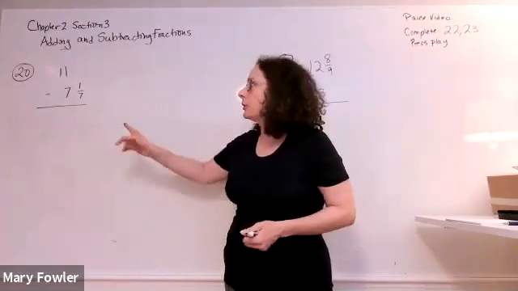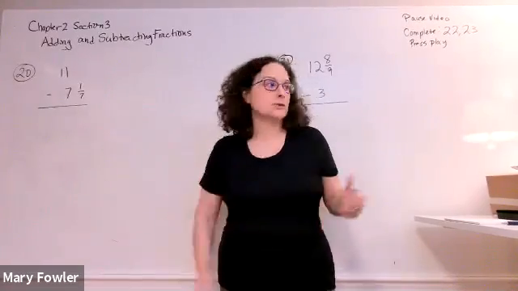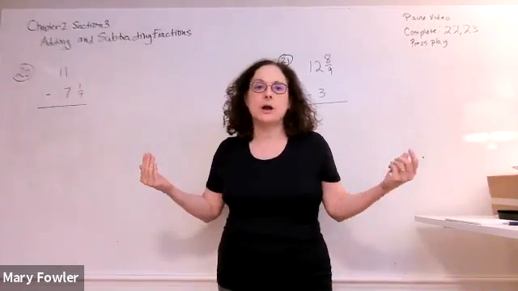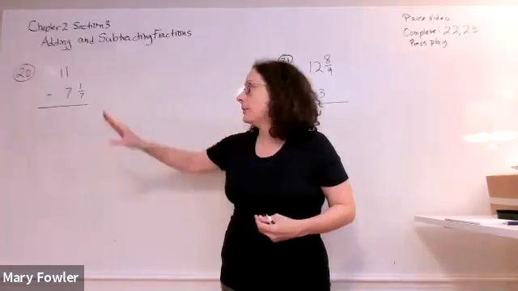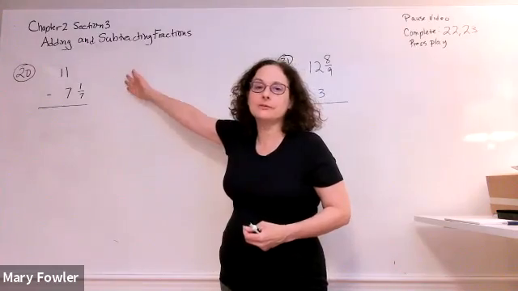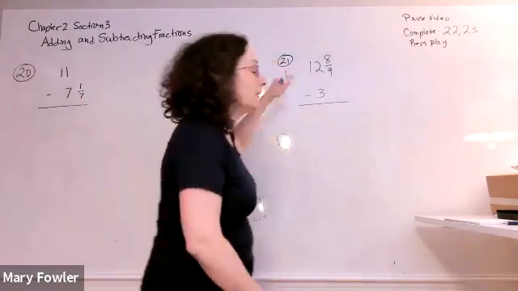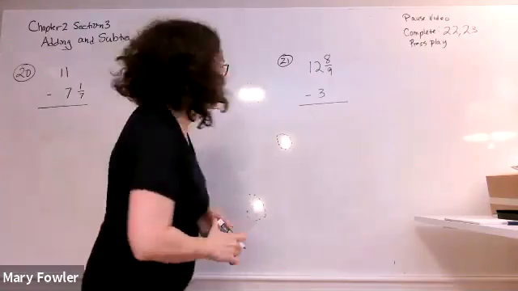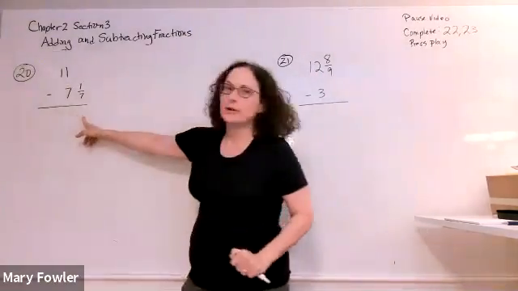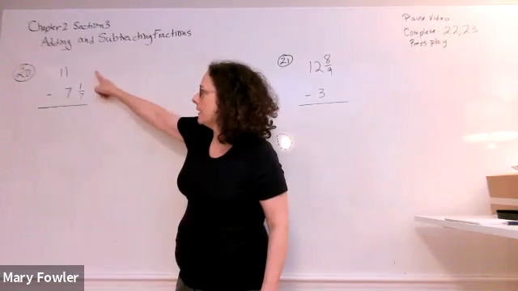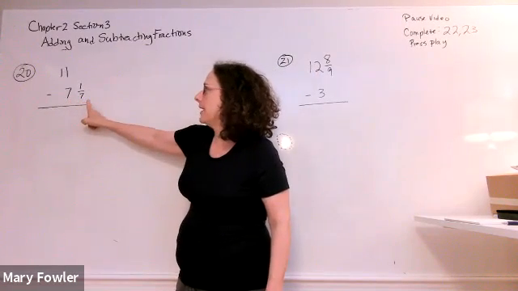Hi, so we're going to work on problems 20 and 21, and these are about subtracting mixed numbers or whole numbers, a mixed number from a whole number. So working with subtracting different kinds of numbers. Okay, so we see here in problem number 20, we have 11 minus 7 and 1/7.